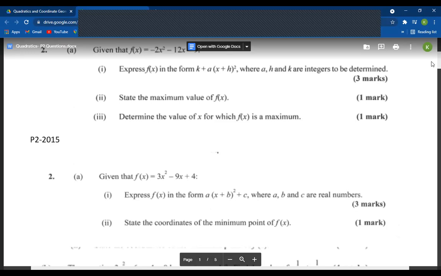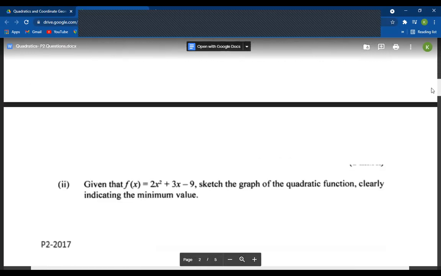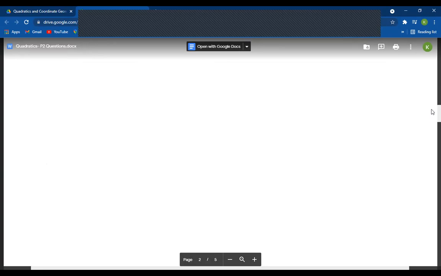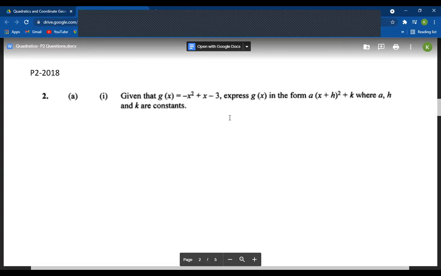So let's not start with one like that. Right now we're just practicing completing the square, right? Then I'll show you how to do graphs.